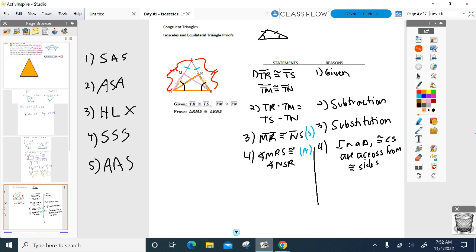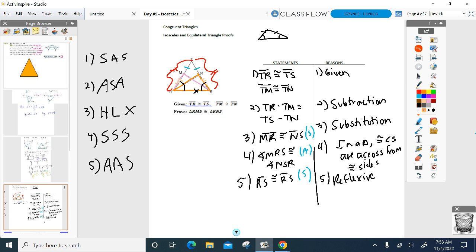Anything they share? Both triangles share any full angles or full sides in common. Okay, there we go. Everyone agree? RS is reflexive. It's shared by both. And there's your third pair of corresponding parts.